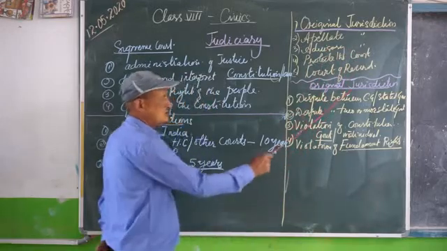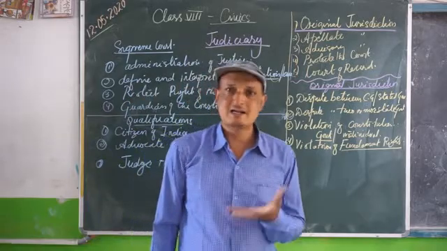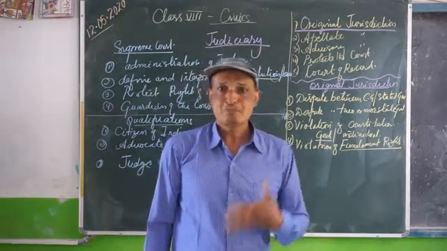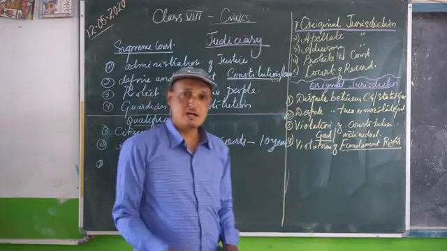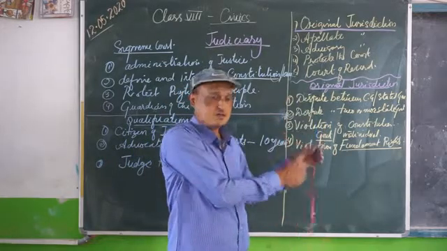What is original jurisdiction? Cases that can originate only in the Supreme Court. Now, what type of cases can be brought straight to the Supreme Court? These are the ones.